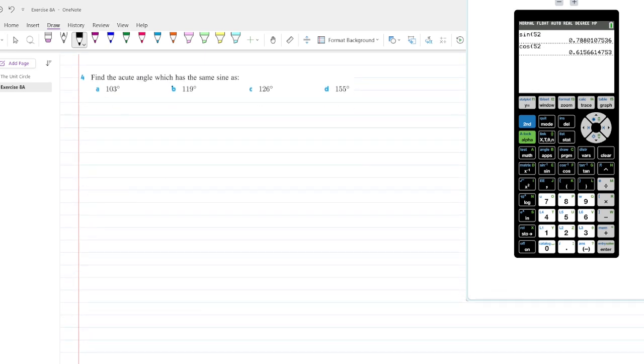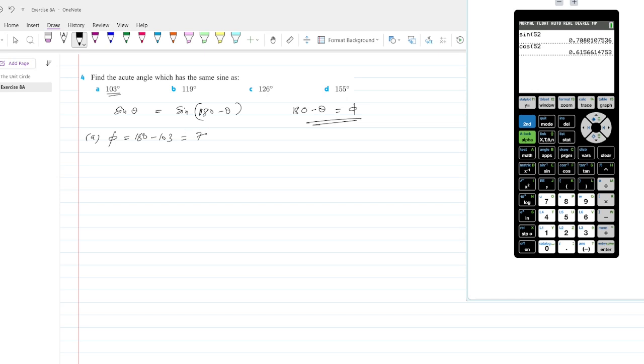Find the acute angle which has same sine as this one. So again, we'll use the same formula. Sine theta equals sine 180 minus theta. Now let's call 180 minus theta as phi. So in this case, phi is going to be 180 minus theta if theta is 103.